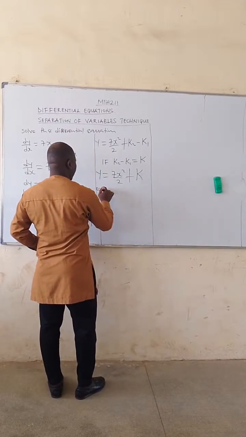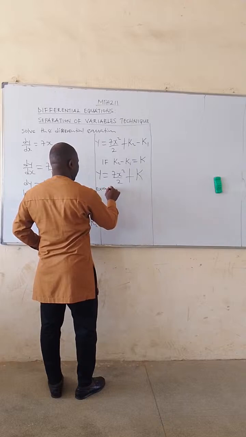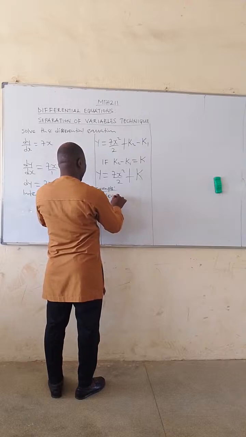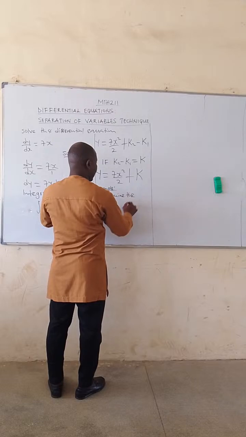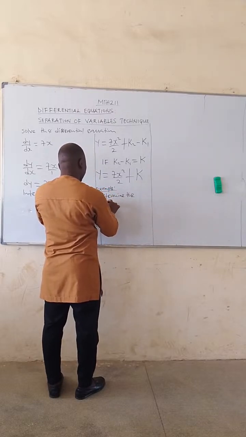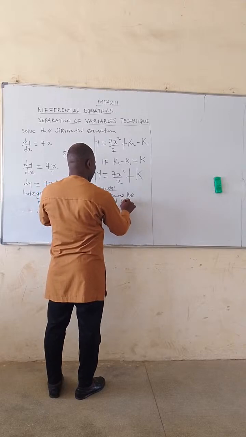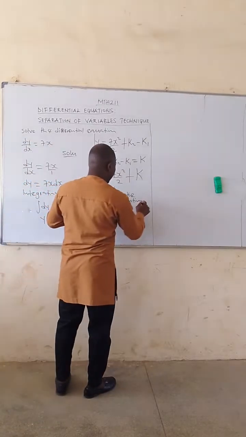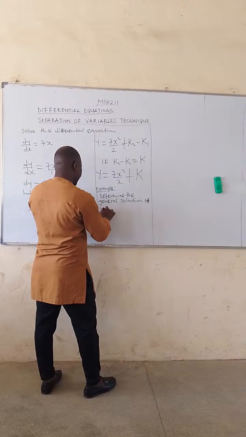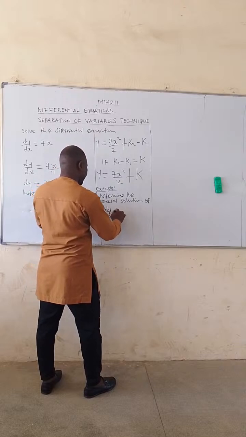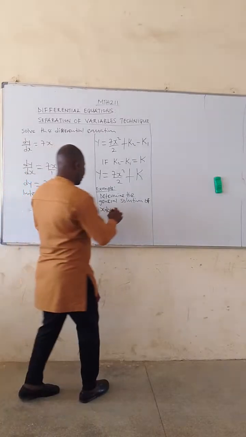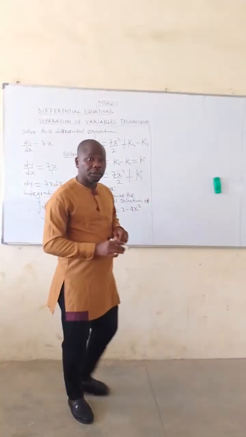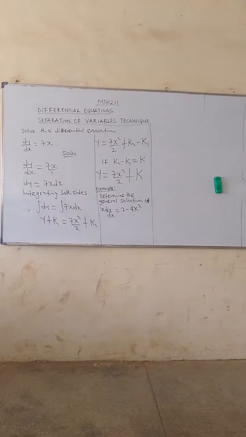Example: determine the general solution of x dy all over dx is equal to 2 minus 4x squared. Please copy it fast.